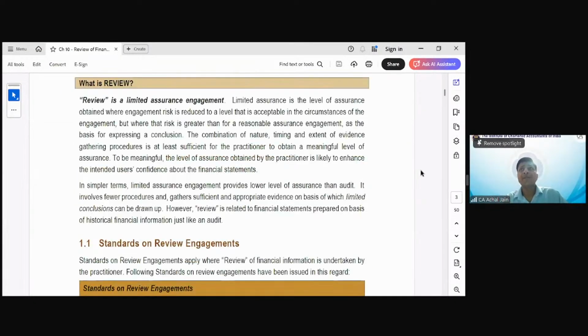So what is a review? When it comes to a review, we can say that unlike audit, the objective is not to provide an opinion. Here again, the auditor will not provide any opinion.